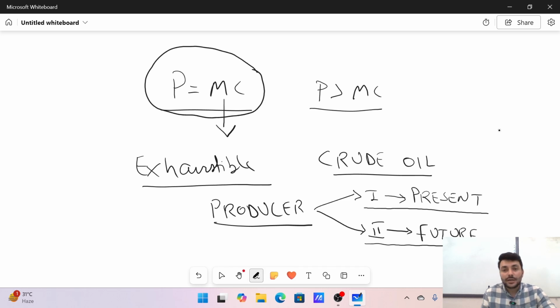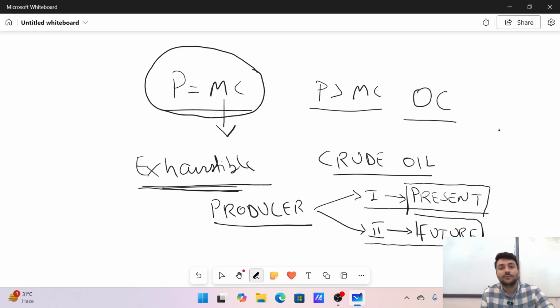All right. So if he decides to extract the resource today, that is in the present time period, then he is foregoing a return which he could have earned if the resource was instead being extracted and sold in the future. So you see, in case of exhaustible resource, there is an opportunity cost associated with the extraction of the resource.